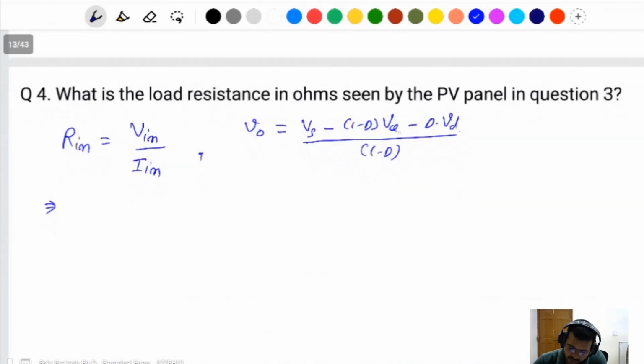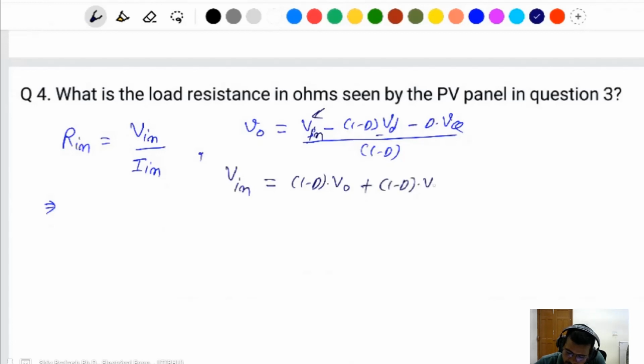Sorry, the switch current is on the input side, that's why when the switch is on, this will be the Vq, and when the switch is off, the diode current flows, that's why minus Vd here. Then you find the Vs or V in, same thing. V in is (1 minus d) into V naught plus (1 minus d) into Vd plus d into Vq.